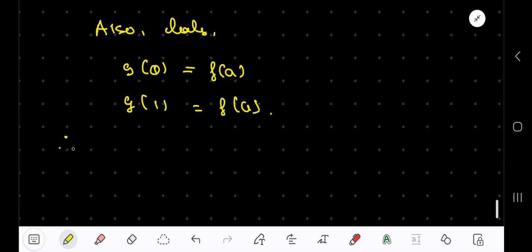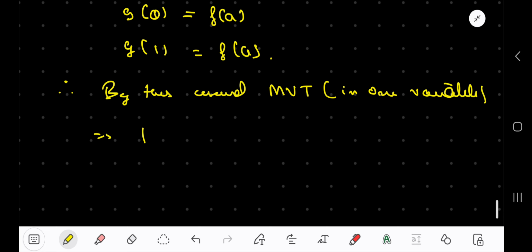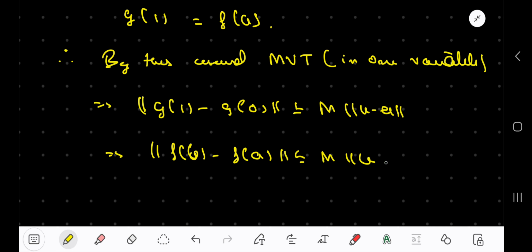Therefore by the usual MVT in one variable, that is what I specifically mean, in one variable, this g prime of t can be evaluated to the norm of g at 1 minus g at 0 being less than or equal to M times the norm of b minus a. Fine. And this implies that the norm of f at b minus f at a is less than or equal to M times the norm of b minus a. This has an immediate corollary.